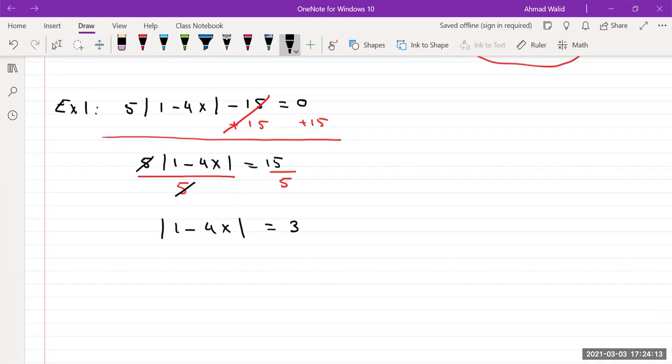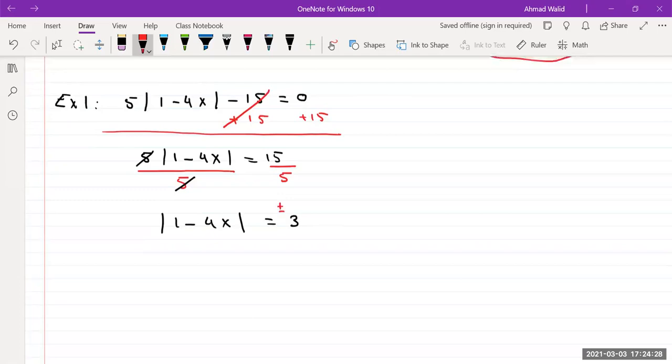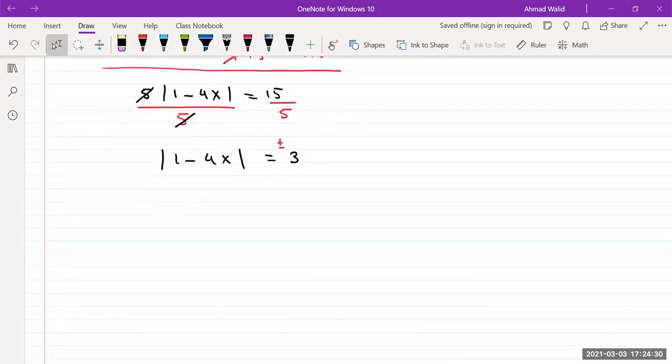Up to this step, you see I kept the absolute value sign. Now, to remember that I'm solving this problem twice, I'll put a plus minus sign here for me. Now, I'll remove the absolute value sign and make two equations.